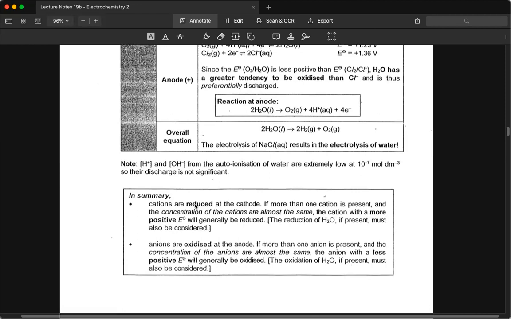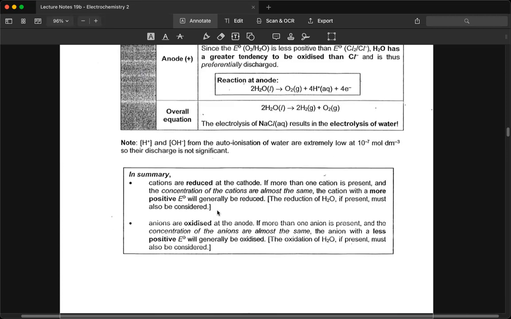So in summary, cations are reduced at the cathode. If more than one cation is present and the concentrations of the cations are almost the same, the cation with a more positive E0 value will generally be reduced. Anions are oxidized at the anode.